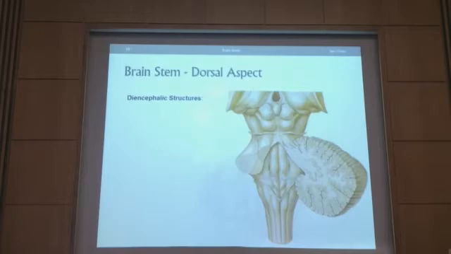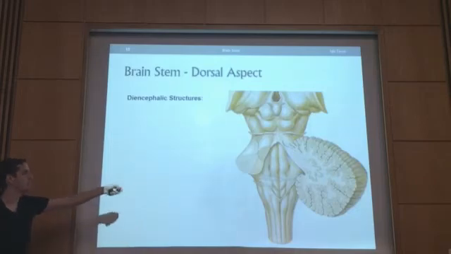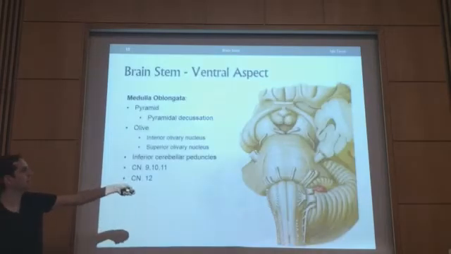When looking at the dorsal aspect of the brain, looking from the back of our heads, we mainly see the cerebellum. And in order to describe the structure of the brainstem, we need to remove the cerebellum. So this is why Netter did this drawing.